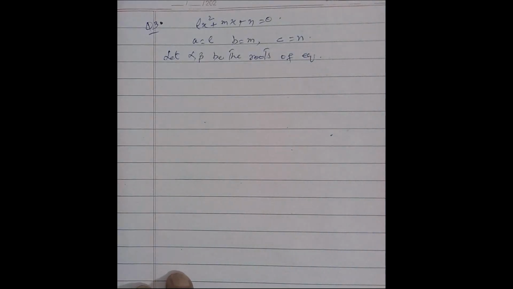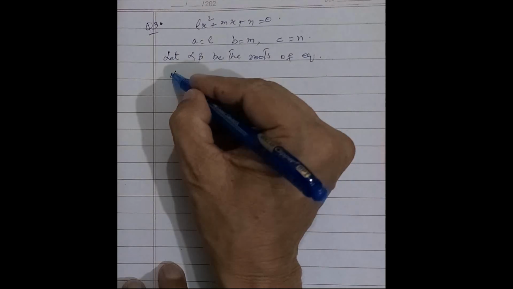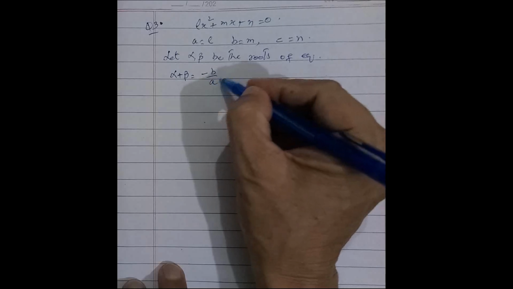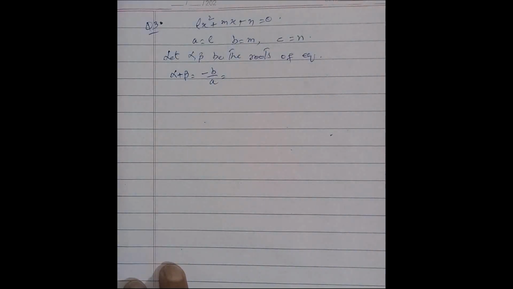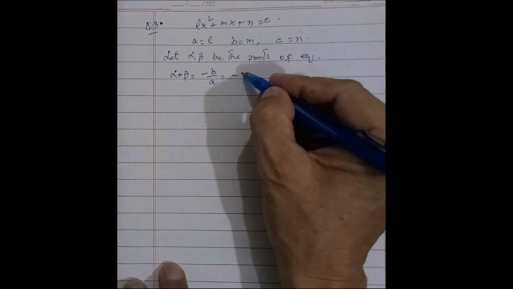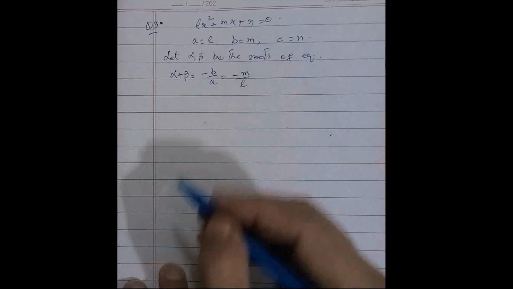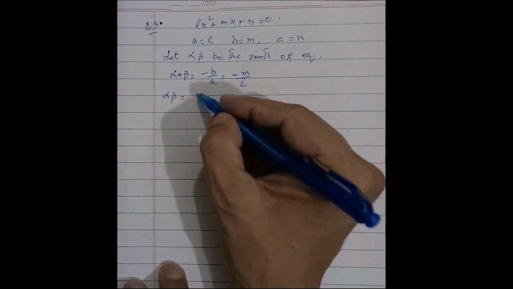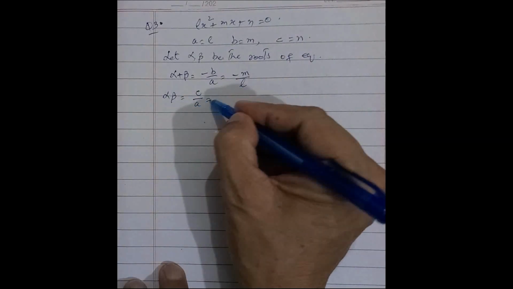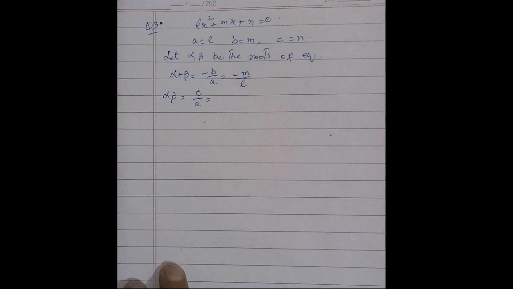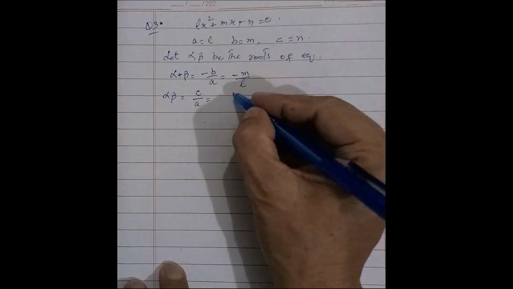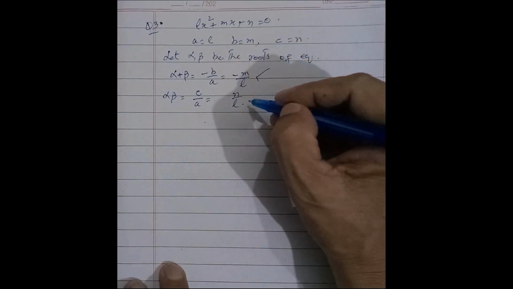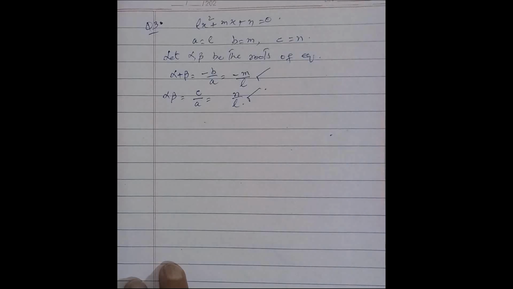First we find the sum and product of the roots. Sum of roots alpha plus beta is equal to minus b over a, and putting the values of b and a, we get minus m over L. The product of the roots alpha beta is c over a, and putting the values of c and a, we get n over L. These are the sum of the roots and the product of the roots.